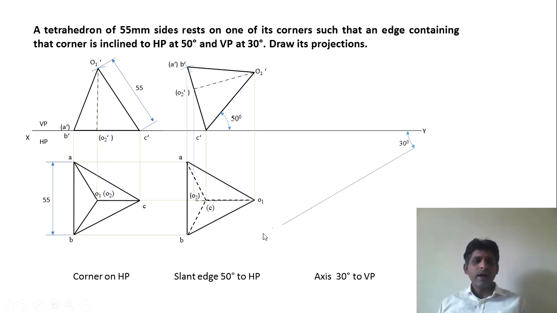It has become less. And this inclination is the true inclination because it is told that it is inclined at 30 degrees to VP. So we have the true inclination, but this length is not the true length. This length is the apparent length. O1C is the apparent length.